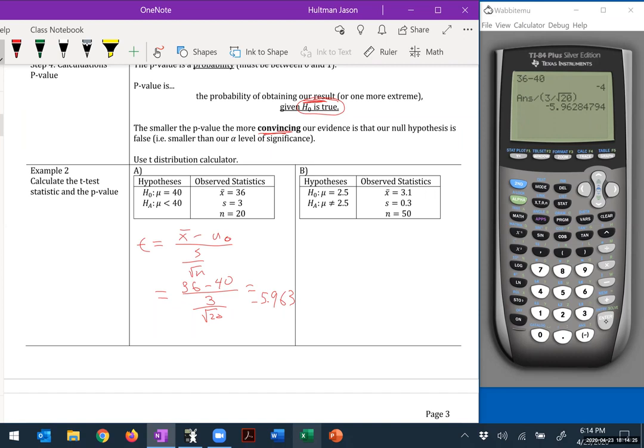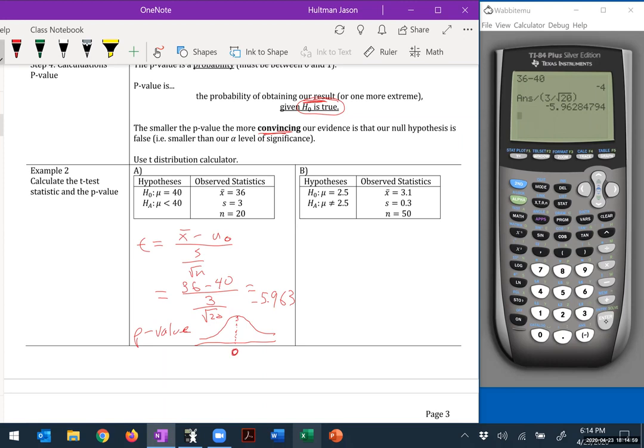Okay, so how would I find my p-value? Well, my p-value is going to be determined based on what my hypothesis is. I want to compare this to my mu of 40, right? That 40 is our 0 mark.